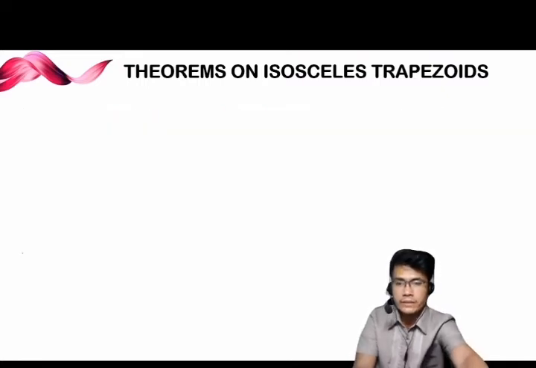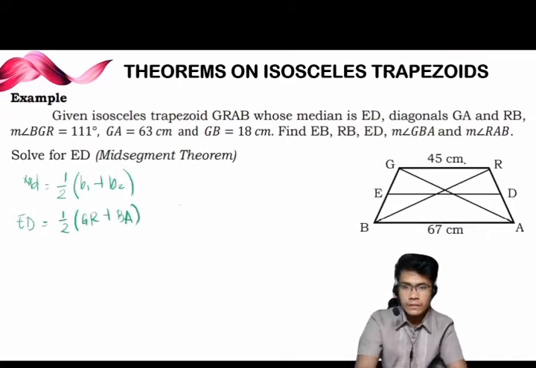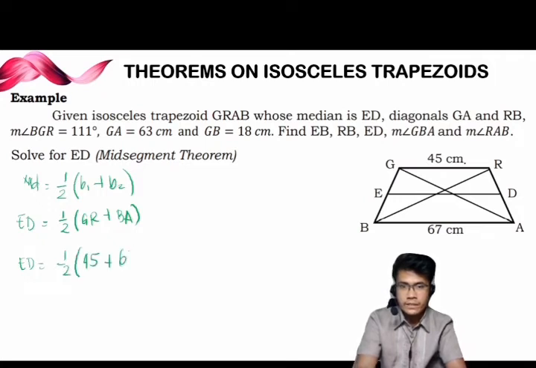Now, let's substitute the given. ED will be equal to 1/2 times GR, which is 45, plus BA, which is 67. Let's simplify.